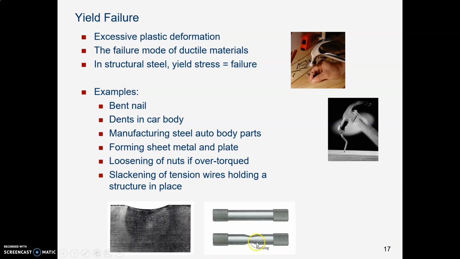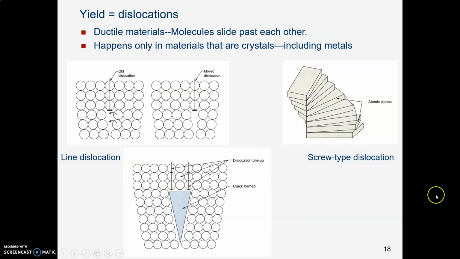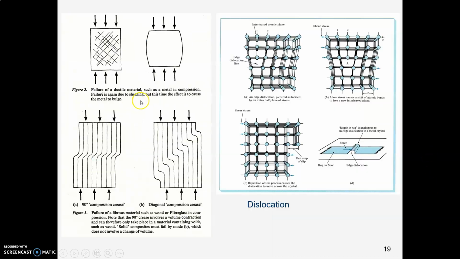What happens is, look at this necking down picture at the bottom, you stretch the threads, you stretch that bolt, you cause that bolt to yield. It goes past its elastic limit and goes into plastic mode, and now that bolt has stretched out and the nuts actually get looser because you over-torqued. It's kind of interesting. And yield is caused by dislocations, these molecules slipping past each other.